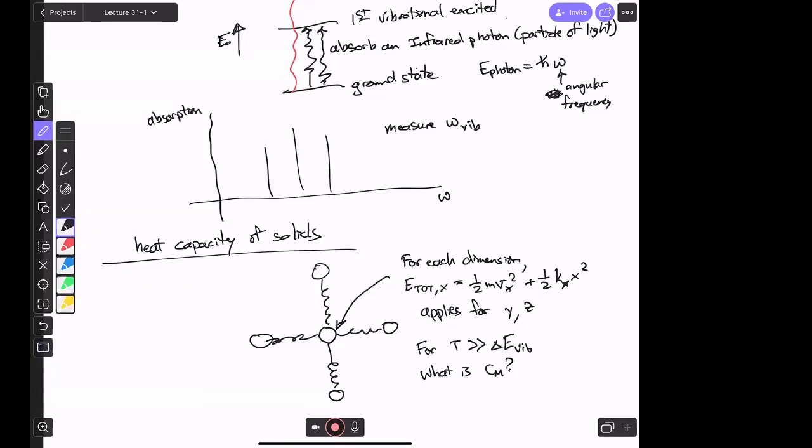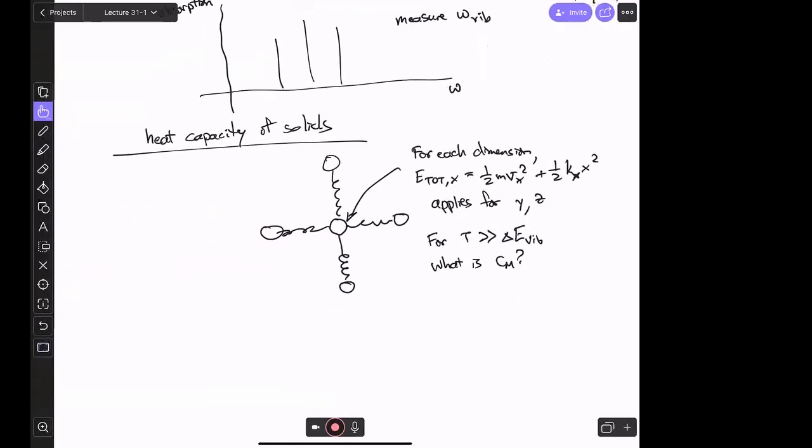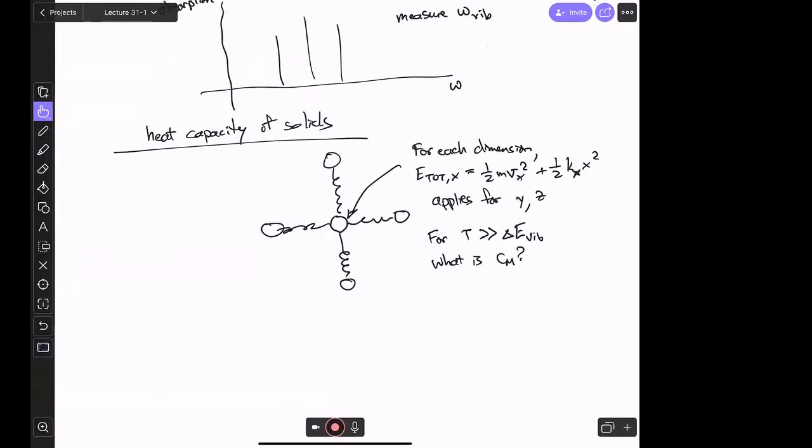Let's see, Hannah, can you walk us through it, please? Yes. So when you're looking at the total energy in either the X or the Y or the Z dimension, you will get 1/2 k_B T plus 1/2 k_B T. Okay, let me just pause you for a second.